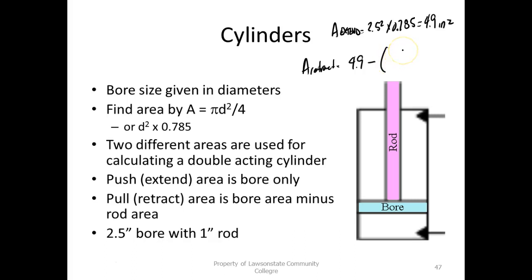So this is going to be 1 squared, which is 1, times 0.785, which is 0.785. So minus 0.785. Y'all understand how I did that? Because 1 squared is what? 1. 1 times 0.785 is 0.785, so this is a real good example here. And then this would be my retract area.